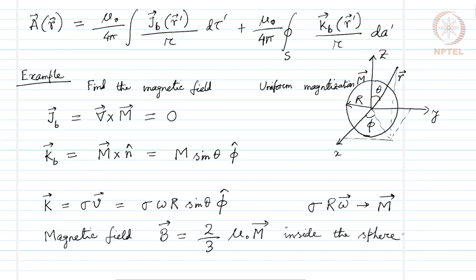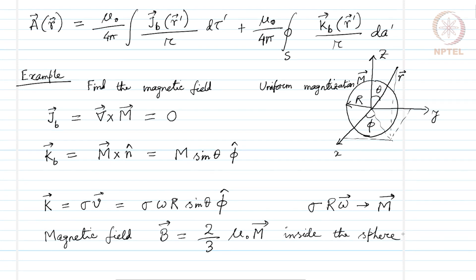There is no magnetization outside, and the magnetic field outside is the same as that due to a perfect dipole.